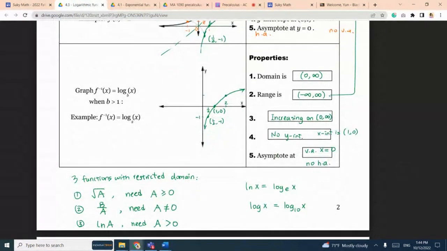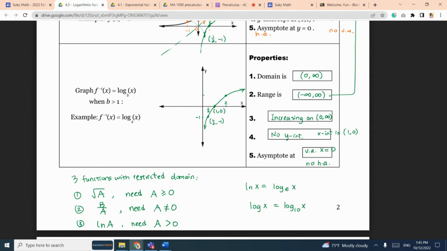Now, do you remember when we compute domains? We have the square root of a, then we need a to be greater than or equal to 0. If we have fractions, we require the denominator not equal to 0. Now add one more, the logarithmic function. So ln of a, we need the thing inside the log to be positive.